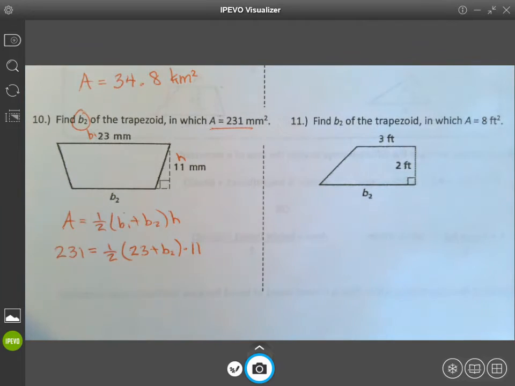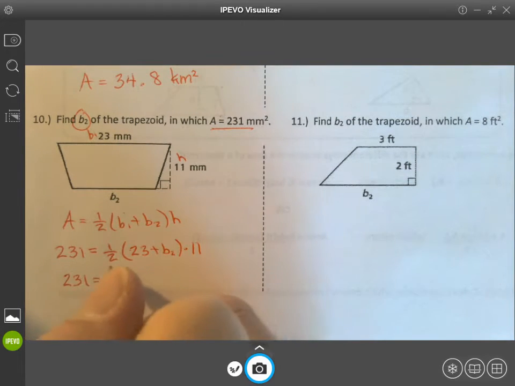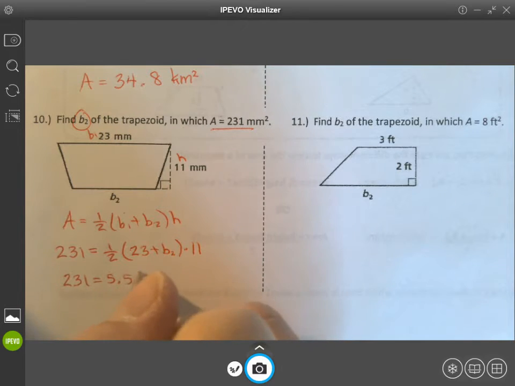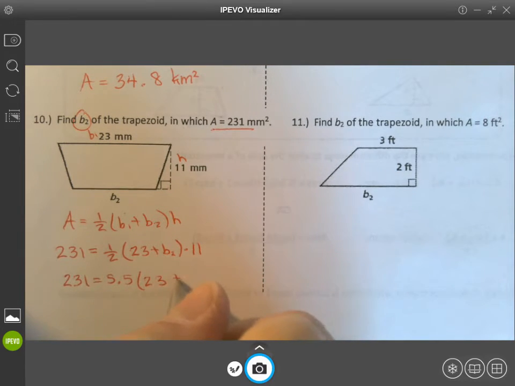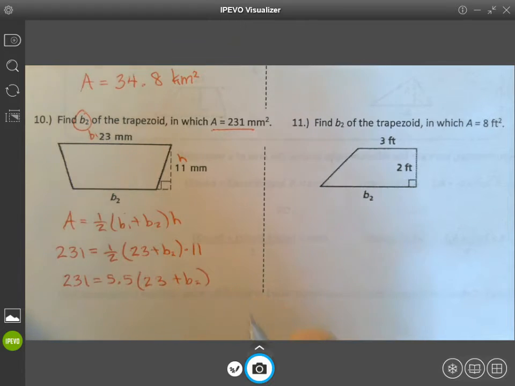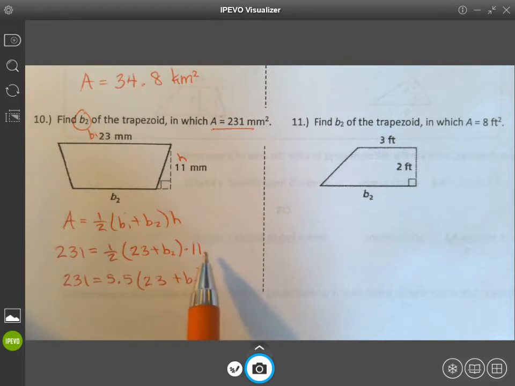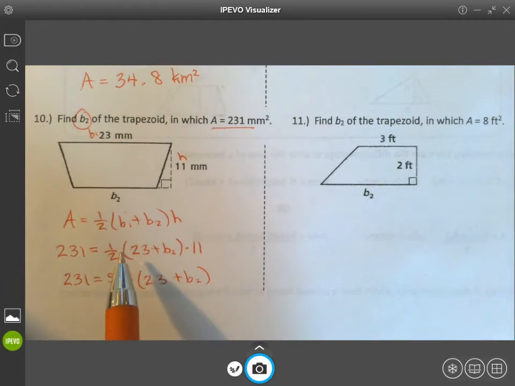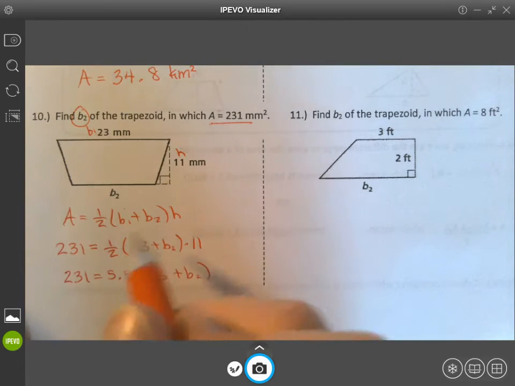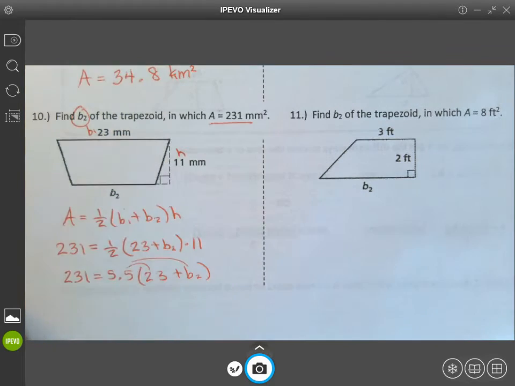Okay, so distribute. Yeah, now here's the only thing. The way I have it with the 1/2 here and the base here, let's put that together and then distribute. So since these are on the outside, 1/2 times 11 would be 5.5, and then I'll distribute. So that's the only downfall with the way I've been writing it, is not having the 1/2 and that 11 together. But you see that I can multiply those two, and now I can distribute.